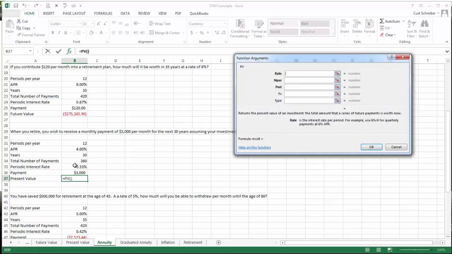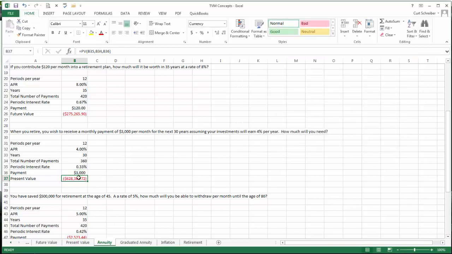Okay, our rate is going to be 0.33%. Total number of periods is going to be 360 periods, and the monthly payment is going to be $3,000. If we hit enter, we know that we better have $628,000 if we expect to receive $3,000 per month for a 30-year period of time.